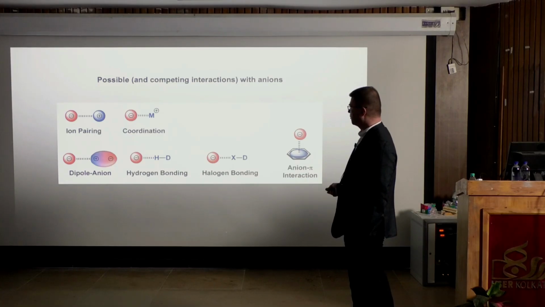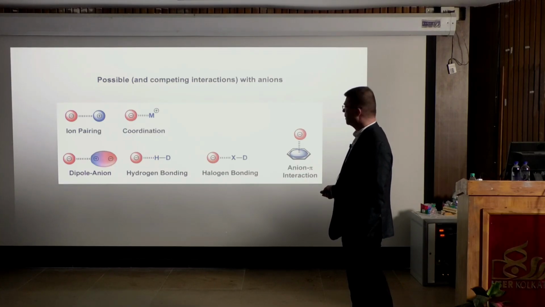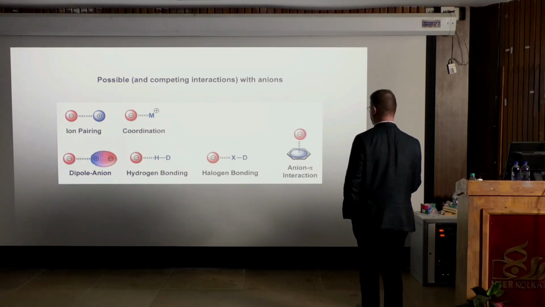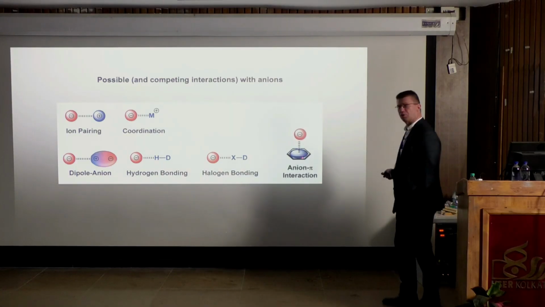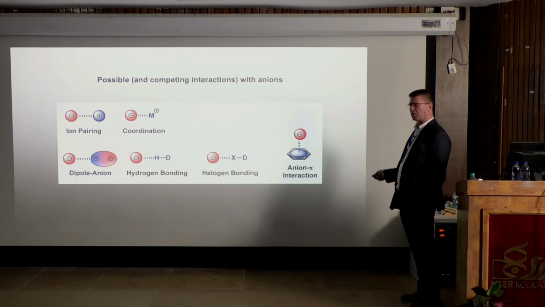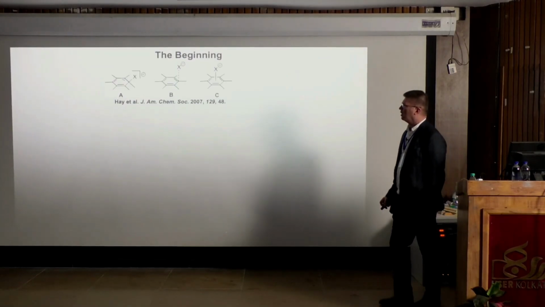This is very well known, the hydrogen bonds to the anion. Or we can have halogen bonding. This was what I discussed yesterday. And now, finally, this is what we look into. This is the anion-pi interaction. So we have a pi system, and we want to see if the anion is interacting with it.